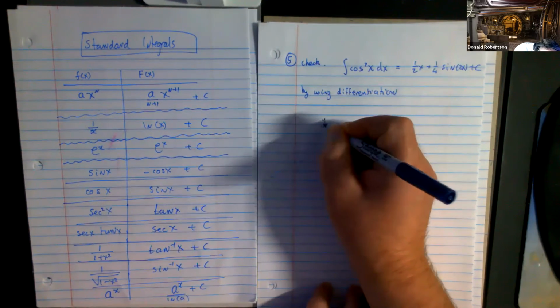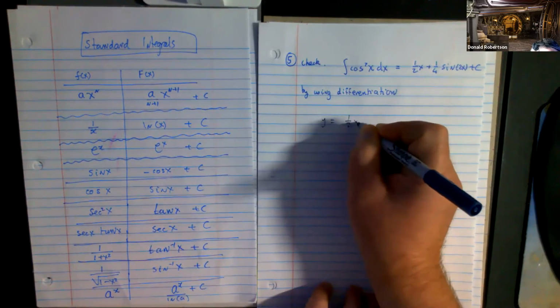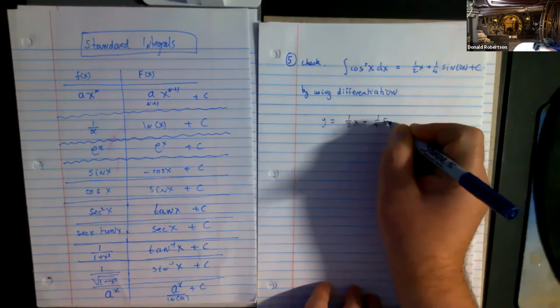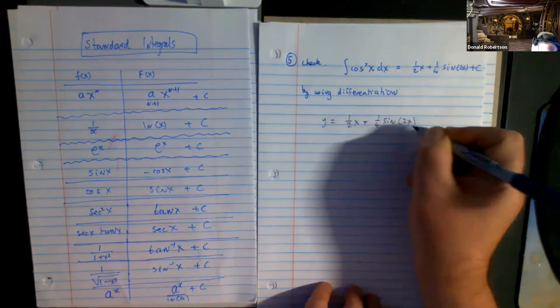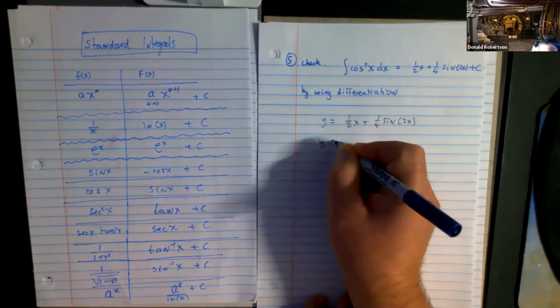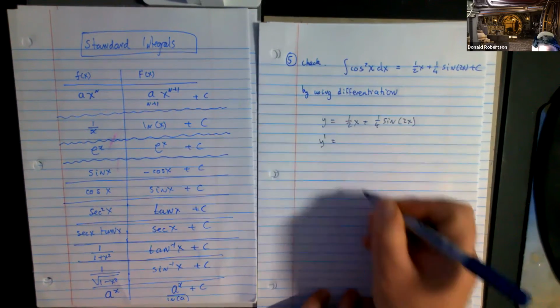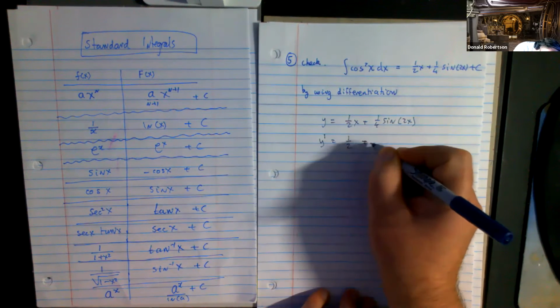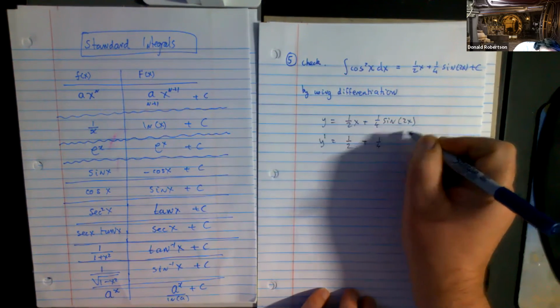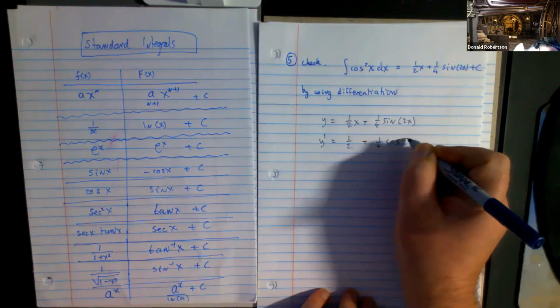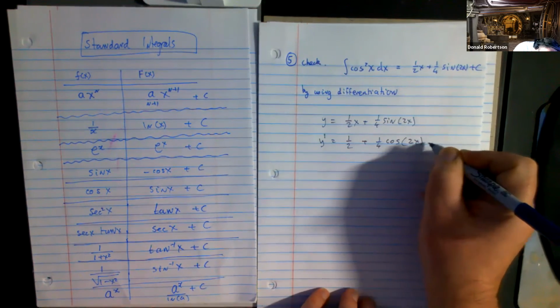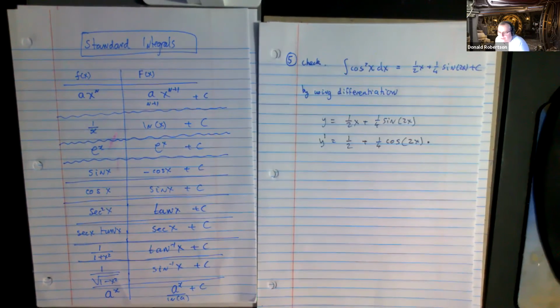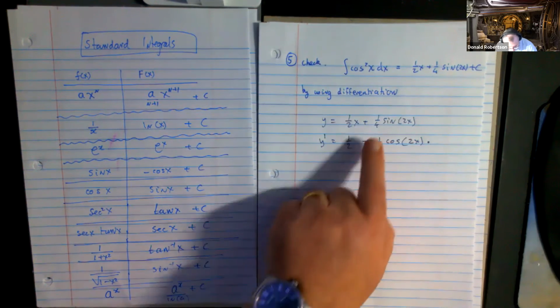So I'm going to call this y. And here we go. If you differentiate this, a half x gets me a half. If you differentiate 1/4 sine 2x, you get 1/4 cosine 2x. Oh, don't you get times something else because it's a general function? What else do you get?